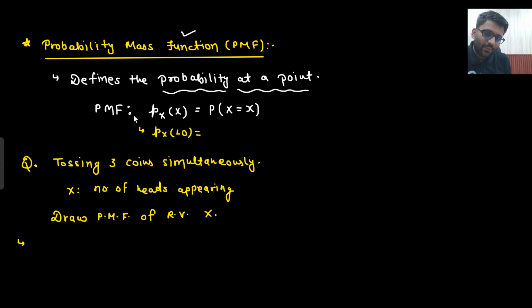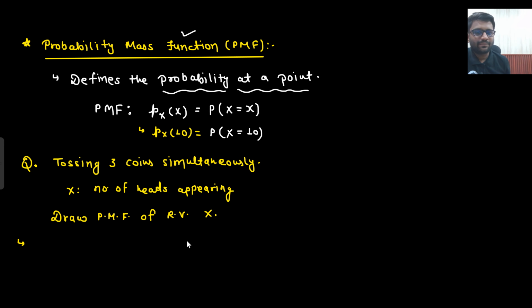Let's just say in place of small x I am putting 10. So Px of 10. What is the meaning of that? Probability of random variable X taking value 10. That's it. So this is the meaning of PMF.